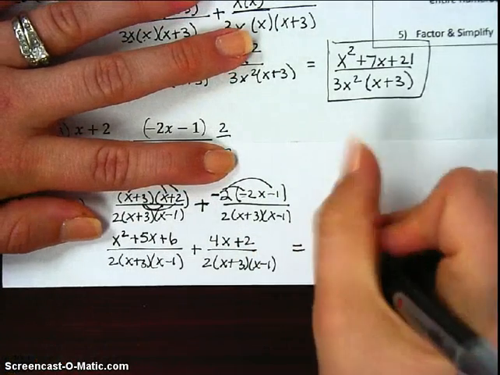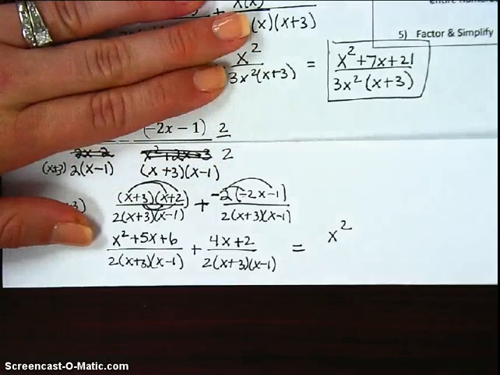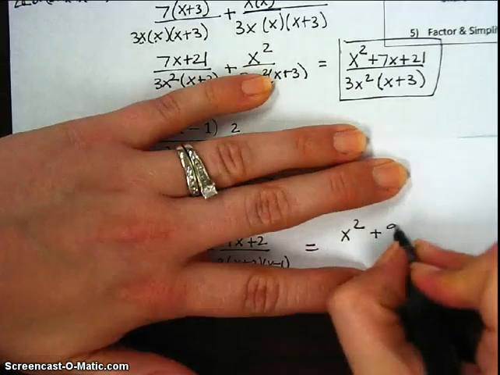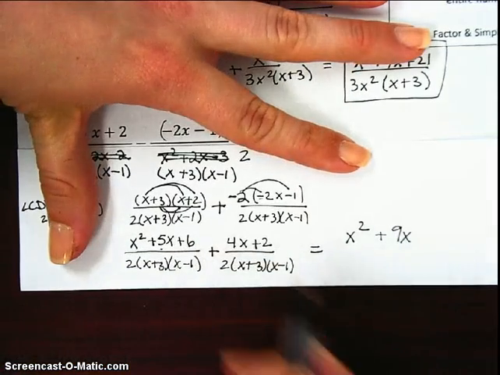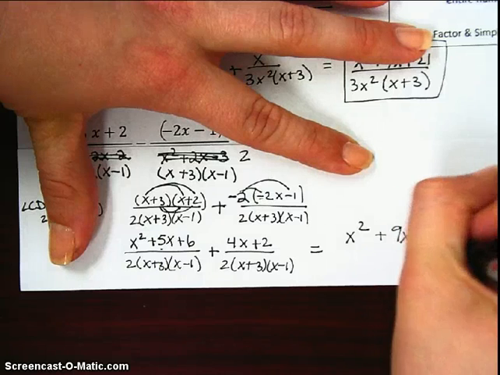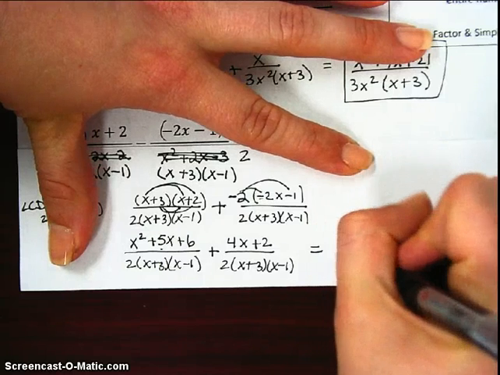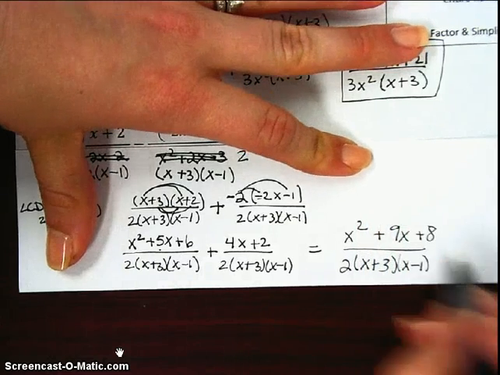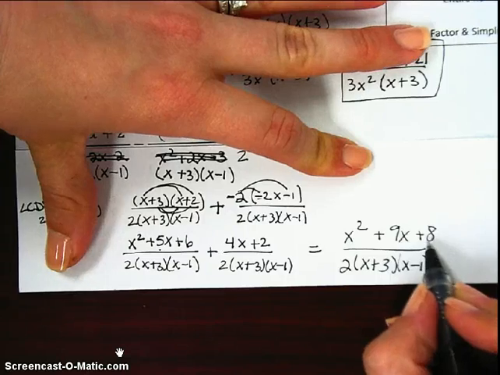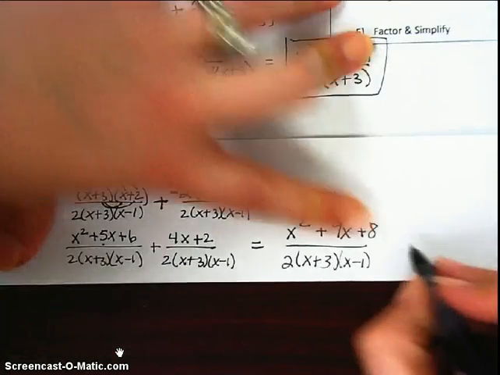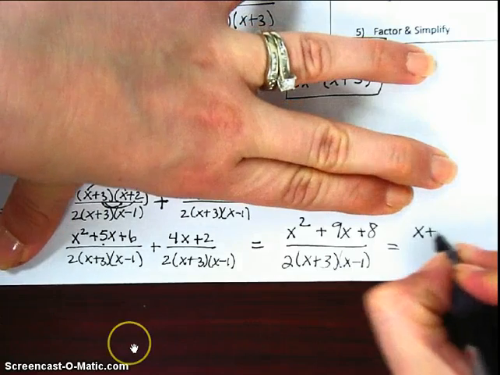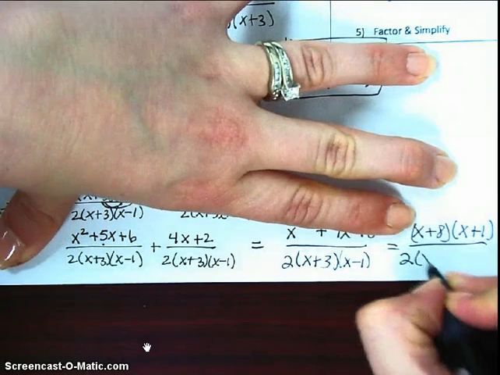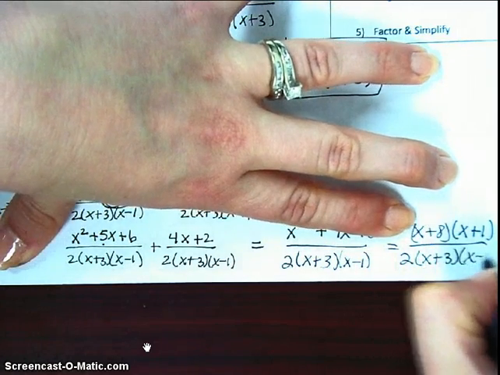So we've got x squared, and then we've got 5x plus 4x, which is 9x, and then 6 and 2 would be plus 8 over 2, x plus 3, x minus 1. Go ahead and check for factors. Multiplies to be 8, adds to be 9. Would be 8 and 1, so x plus 8, x plus 1 over 2, x plus 3, x minus 1.